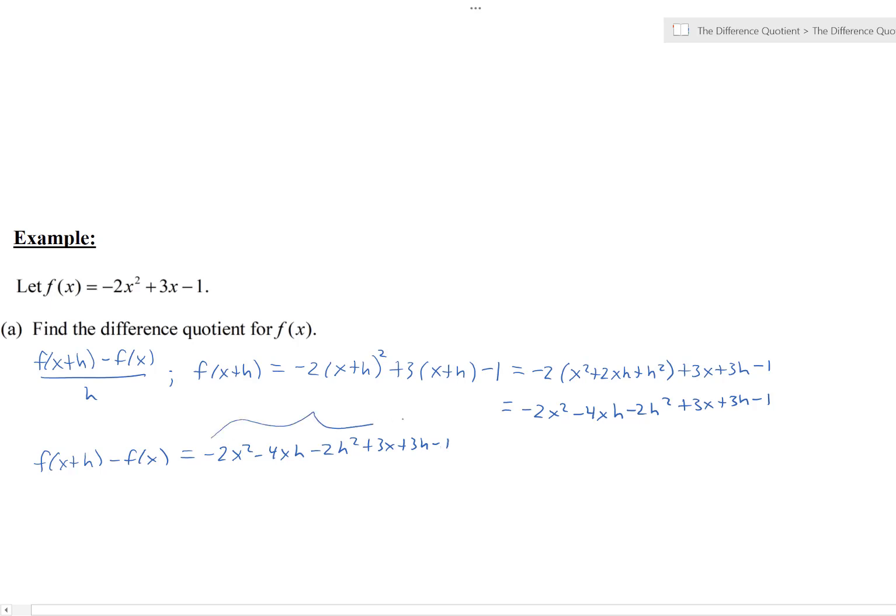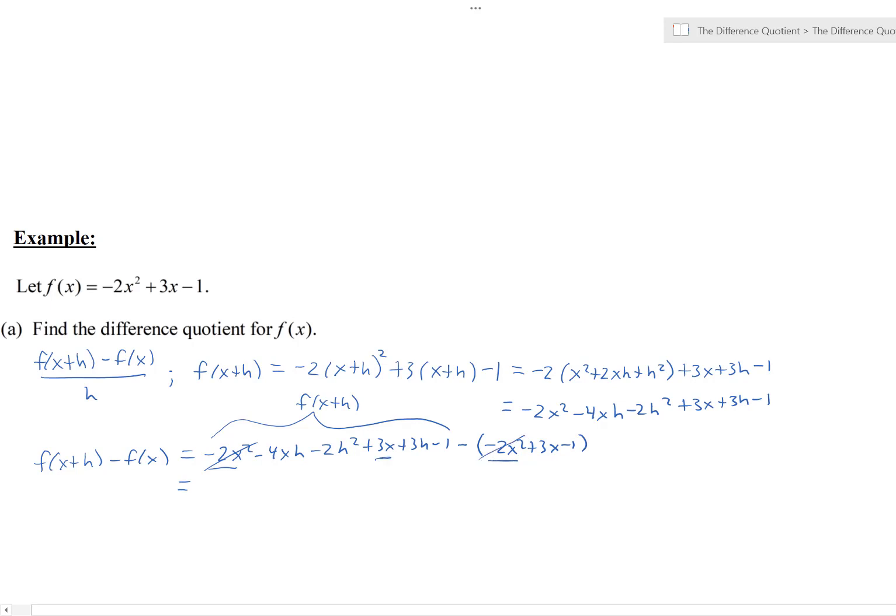All of that, again, is just your f of x plus h, that output. And then subtract from that the quantity f of x, which is the function, negative 2x squared plus 3x minus 1. We can see that the negative 2x squared will cancel with this negative 2x squared because it's being subtracted, so those are gone.